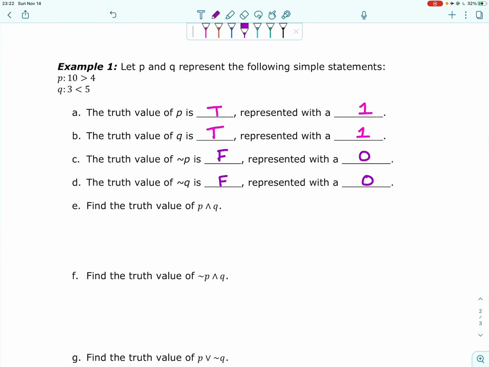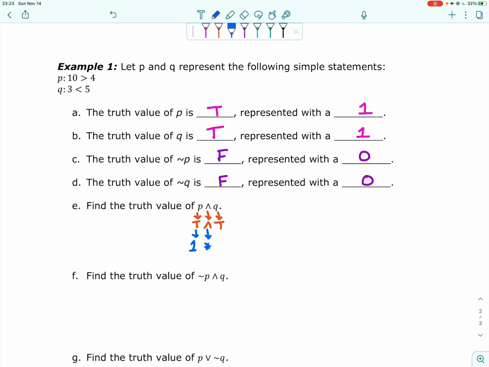So here I have find the truth value of P and Q. So P is true, and then I have and, Q is true. So I'm going to look at this mathematically. A true statement is represented with a 1.